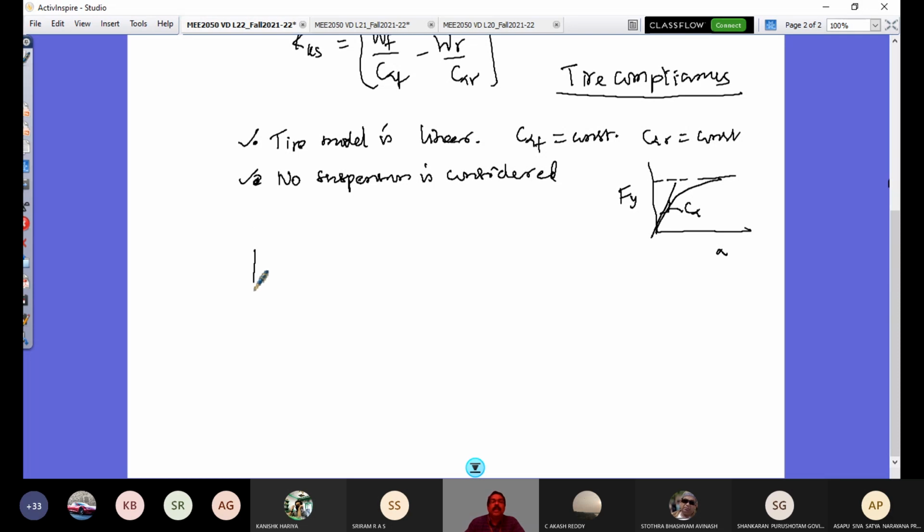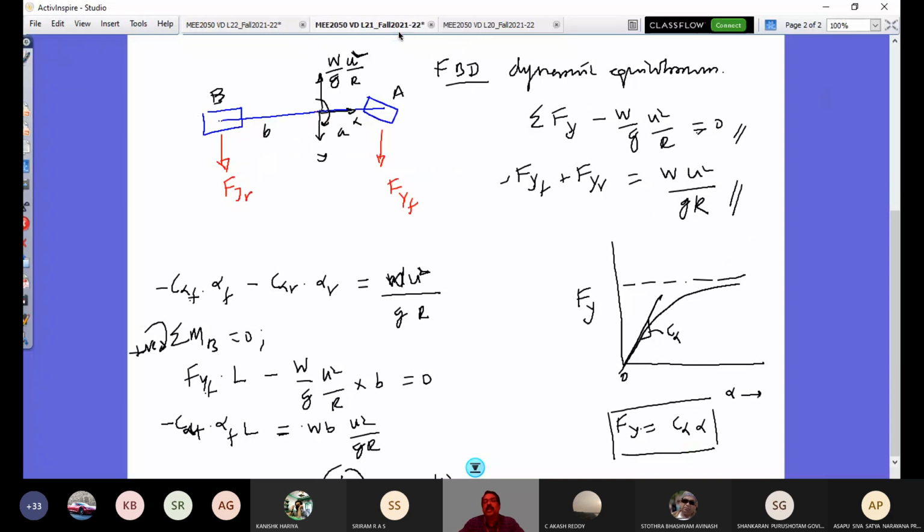What was that? We have taken the steering angle on the y-axis and U squared by R on the horizontal axis. I think we were doing it in the last class like this. You could see that here.